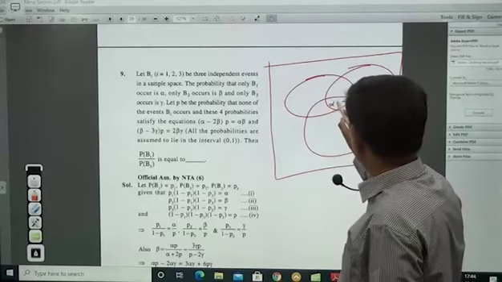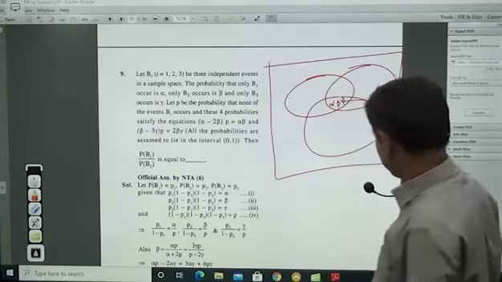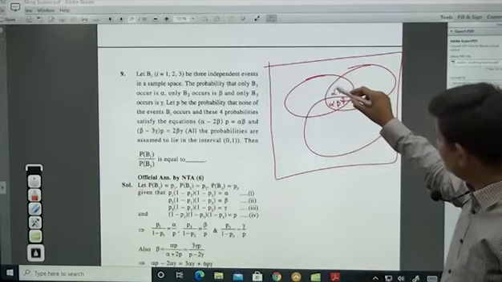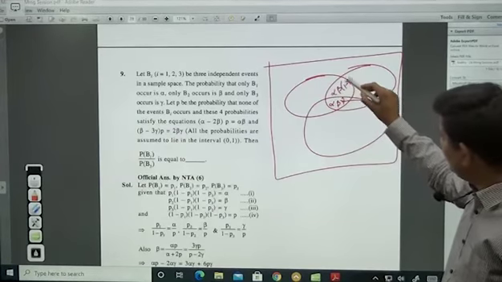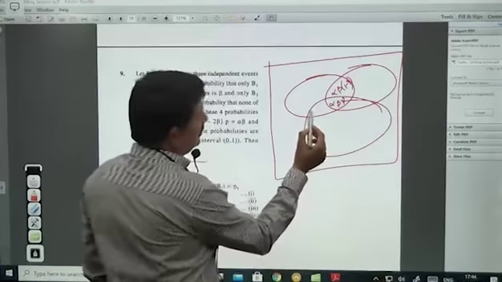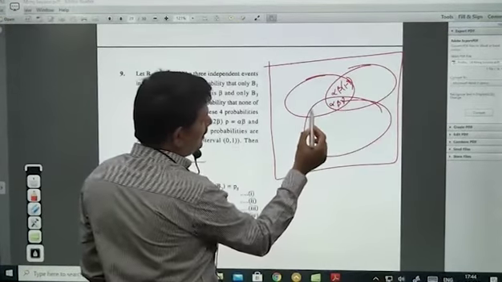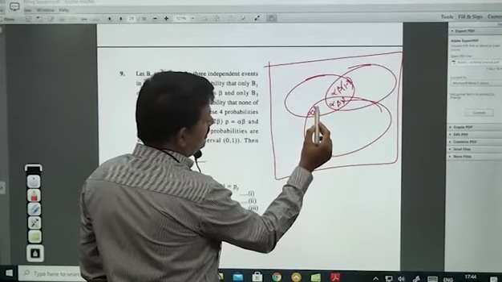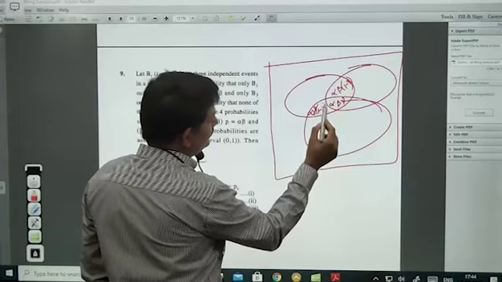Alpha, beta, gamma. This entire thing is alpha, beta, so alpha, beta into 1 minus gamma. This is alpha, gamma into 1 minus beta.